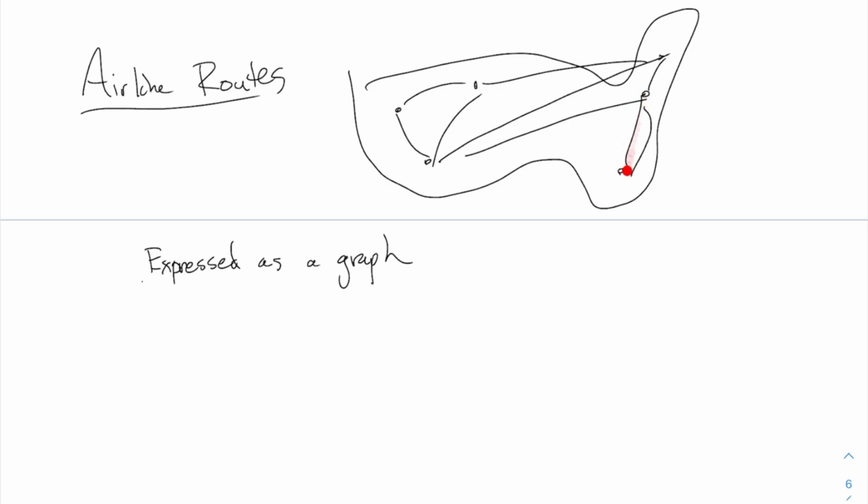All that's important is that there is an edge here. That means there is a flight from here to here, all right? So these lines don't actually represent where the plane flies specifically, geographically speaking. They represent the fact that there is a flight that goes from here to here. It roughly follows the line probably, but not necessarily. All right, so this is expressed as a graph.